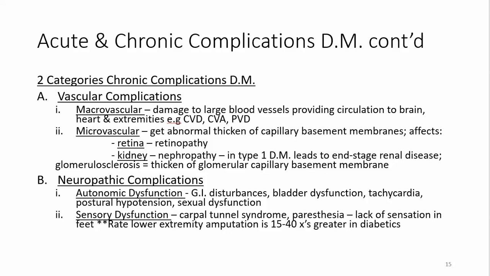Macrovascular is the large blood vessels, and this can lead to damage of the tunica intima of the large vessels. It can lead to problems like deep vein thrombosis and coronary vascular disease, things like that.